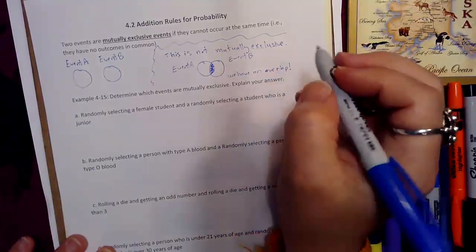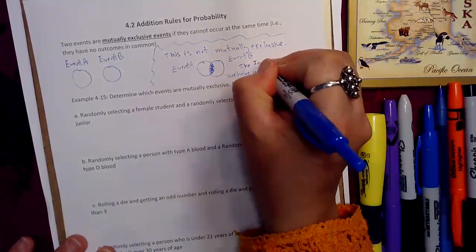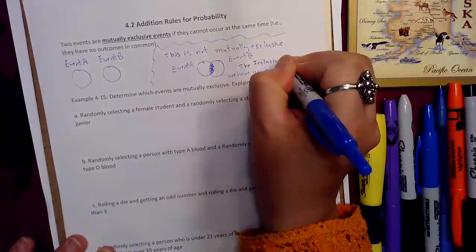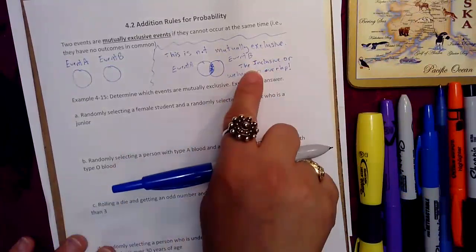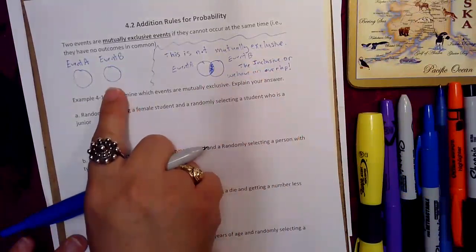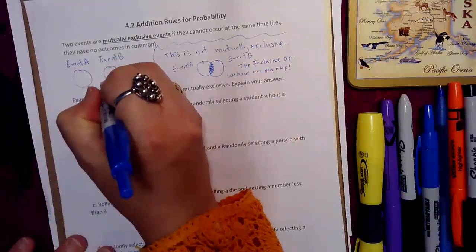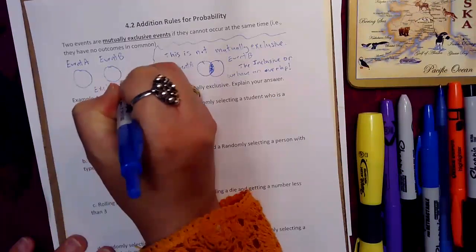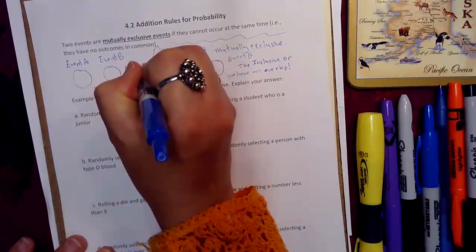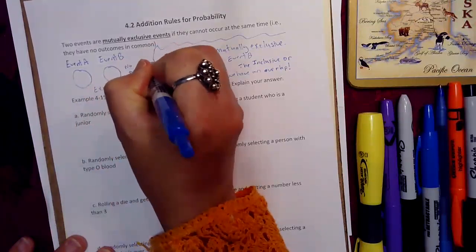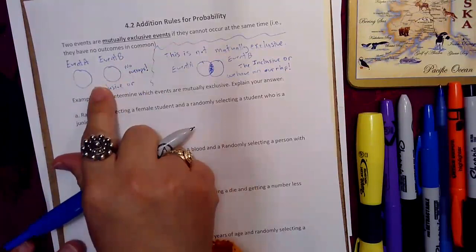And this is the inclusive OR. Over here, this would be considered the exclusive OR, because over here you have no overlaps for this first picture that I drew.